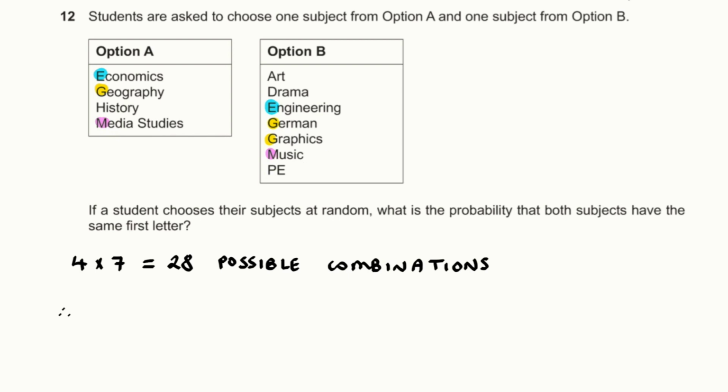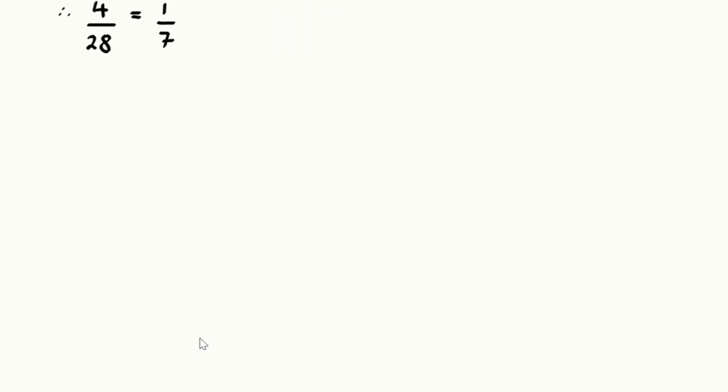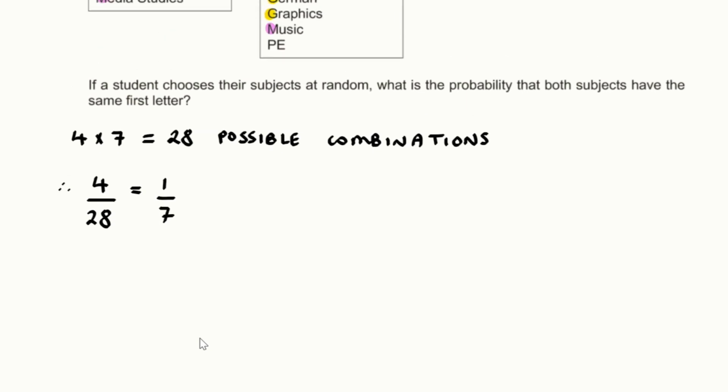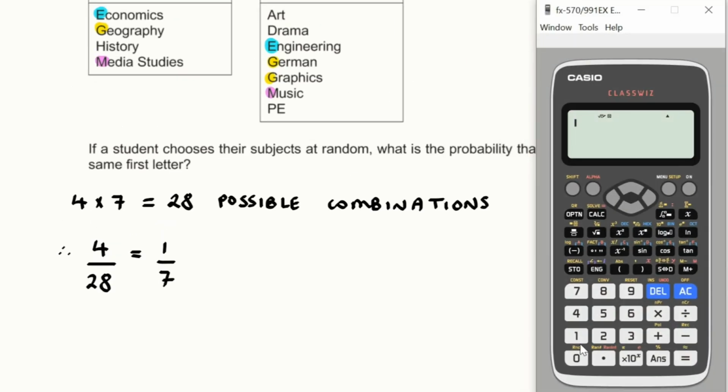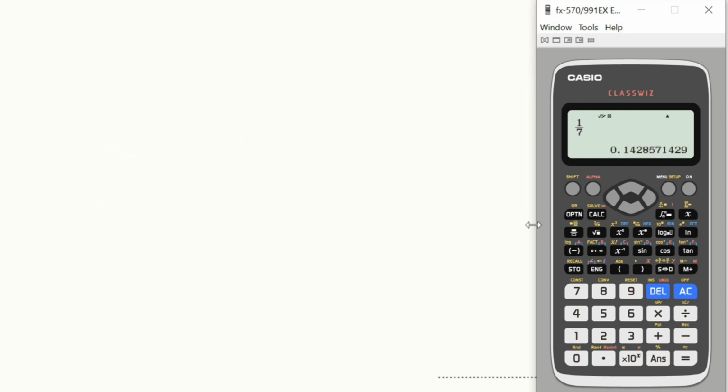So there's 4 possible combinations out of 28, which simplifies to 1/7. So the probability is equal to 1/7, or this as a decimal.